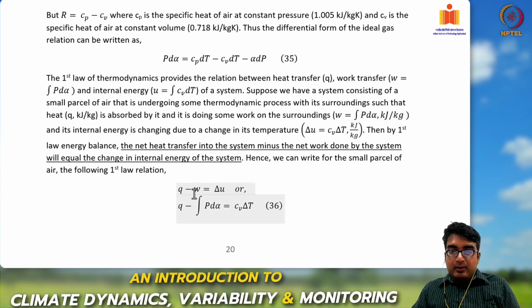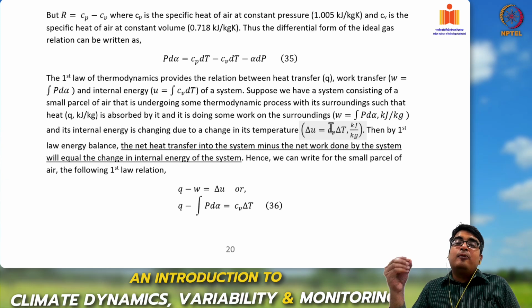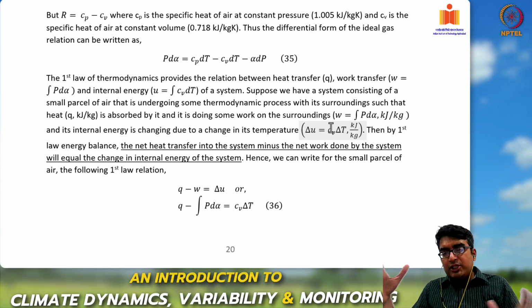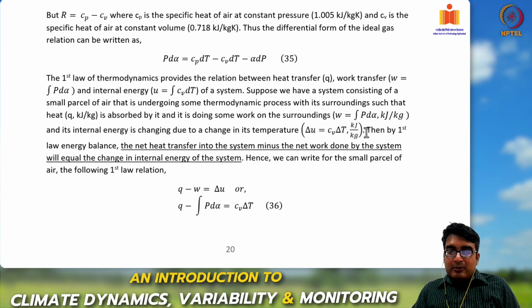So this is the expression for work here, which we are writing, and the change in internal energy for an ideal gas, where we can assume that the specific heat is relatively constant. So for small changes in temperature, we can assume that the specific heat Cv is constant. So the change in internal energy can be shown as delta U equals Cv into change in temperature of that gas.